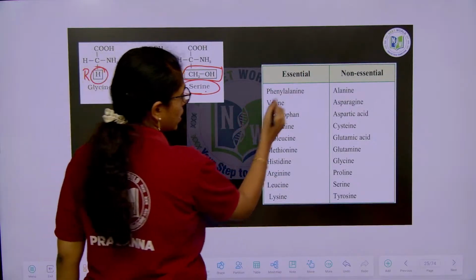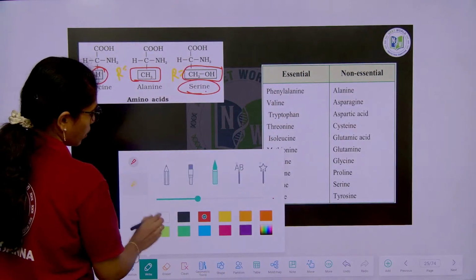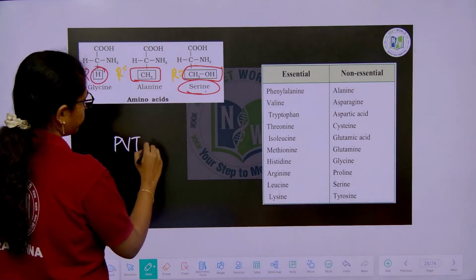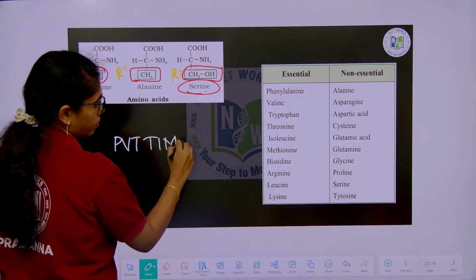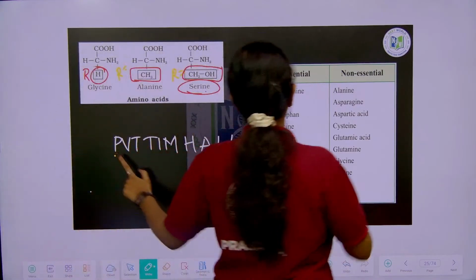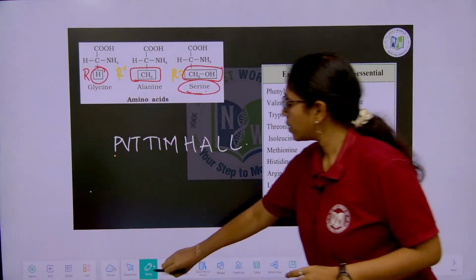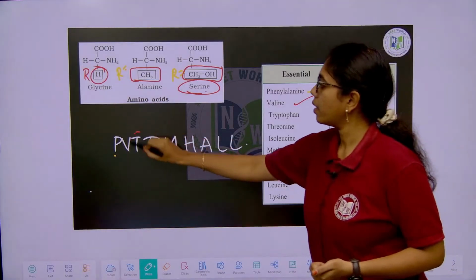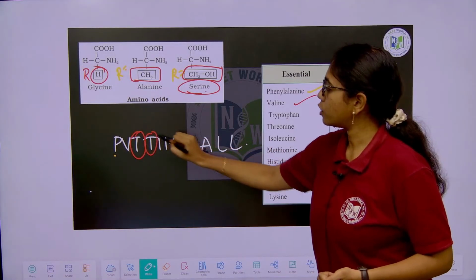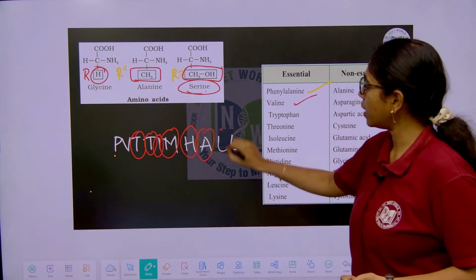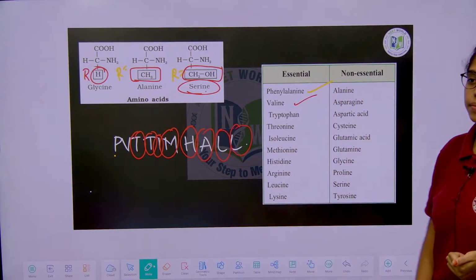Like this you can remember with a mnemonic, Private Tim Hall. Okay, which includes phenylalanine, valine, tryptophan, threonine, isoleucine, methionine, histidine, arginine, leucine and lysine.